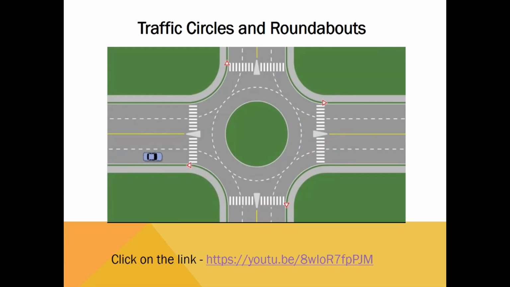For a 1/4 of the way around, the correct approach is to enter from the right or outside lane. Signal right, yield to pedestrians and traffic in the circle, proceed when safe, and exit in the right lane.